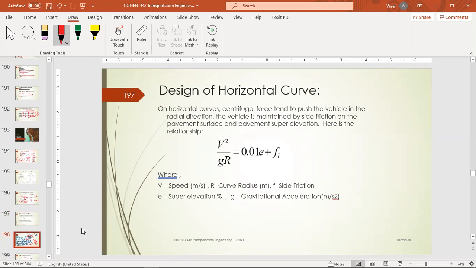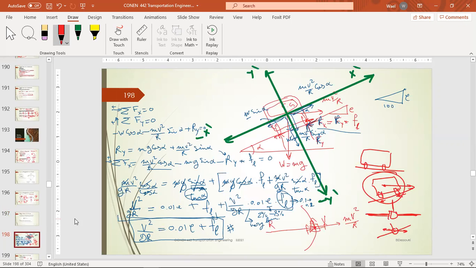Here we have this derivation for this formula, and we eliminated a term here. One of your colleagues asked me why we eliminated this product. Basically, if we go through this equation, this part is eliminated because we have two small values. For example, the lateral friction is around 0.15 to 0.1, and the super elevation E maximum is 0.08, for example.